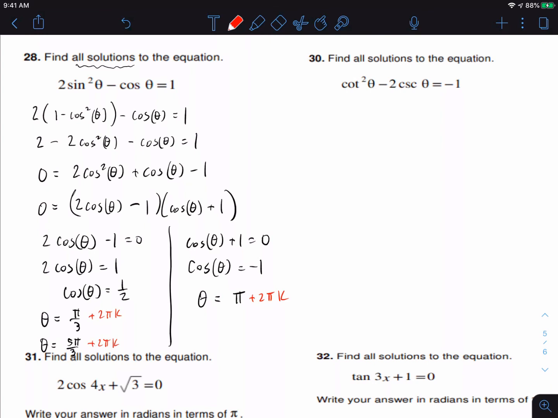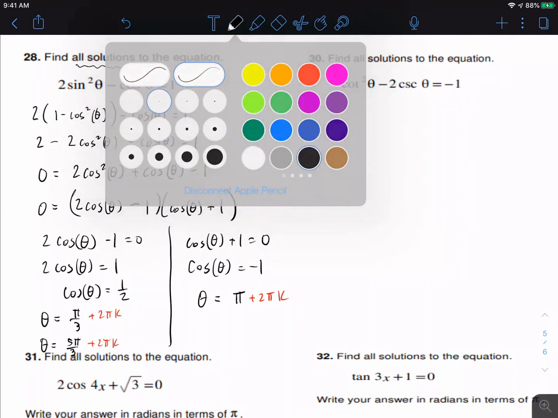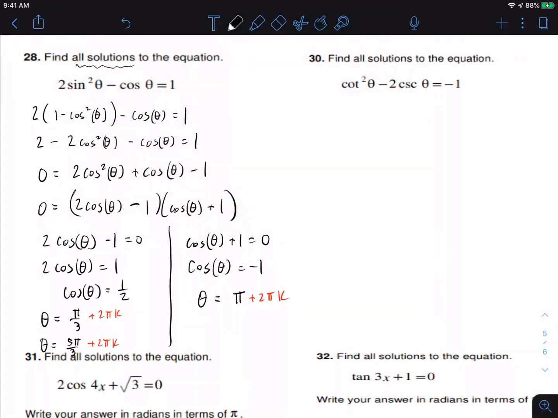Now, again, the cotangent isn't the same as the cosecant, so I'm going to have to change that. And the rule for that, the identity, is cosecant squared theta is equal to cotangent squared theta plus 1. So that tells me that cotangent squared theta is equal to cosecant squared theta minus 1.